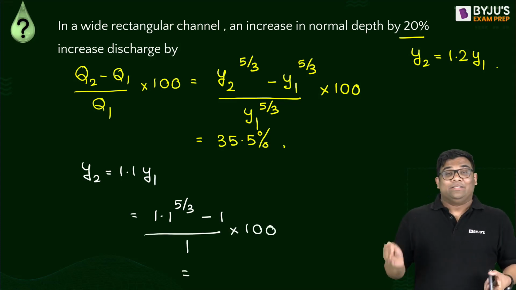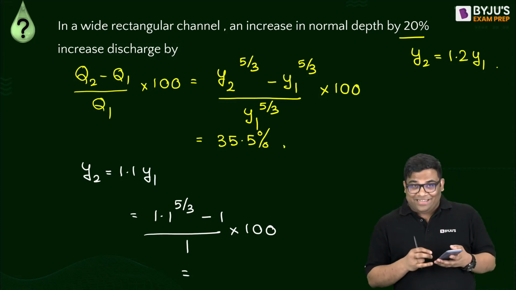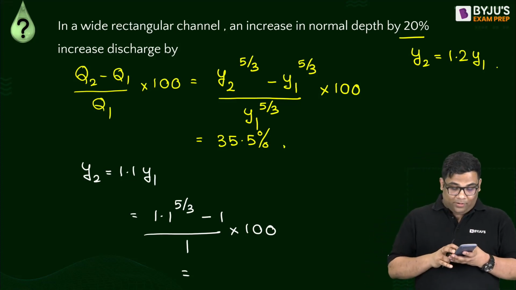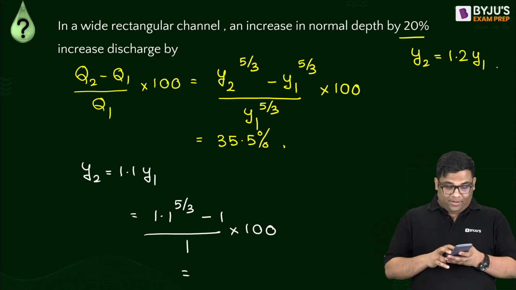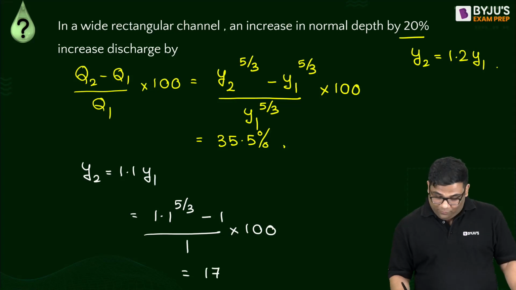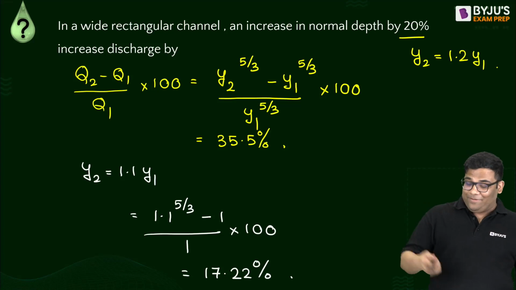So how much will I get? You can see, you can solve so fast, right? Efficient, smart. So 1.1 to the power 5 by 3, and then minus 1 divided by 1, getting 17.22%.